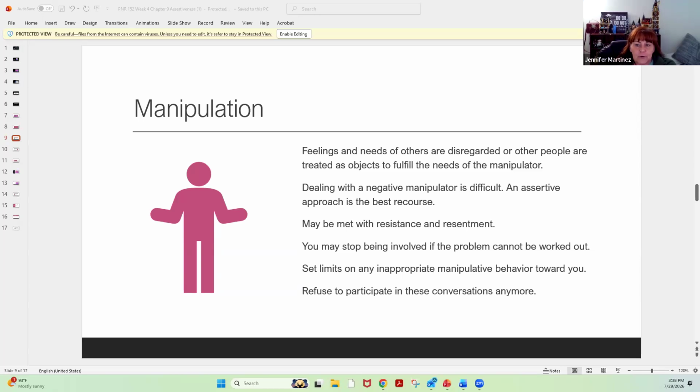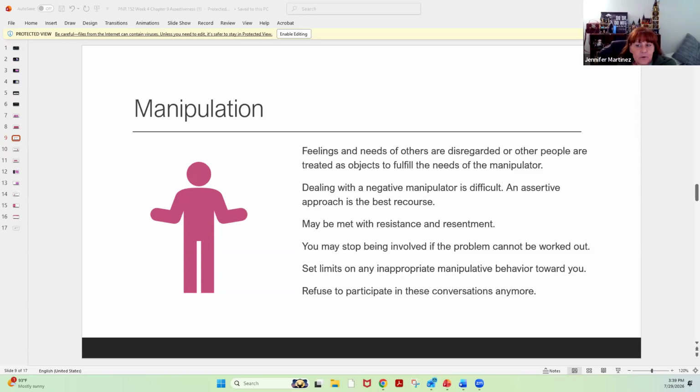And so you have to be assertive. You have to be assertive. That's the best approach with these patients. And most of the time, when working with a manipulator, they are going to resist as much as possible. They are going to resent you, and they're going to try to get around you and go manipulate somebody else.